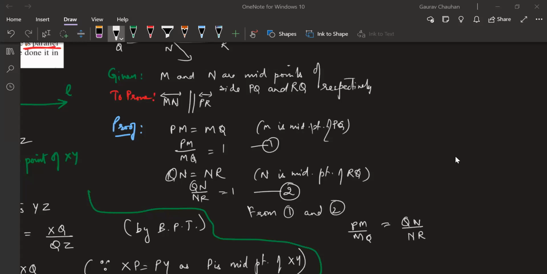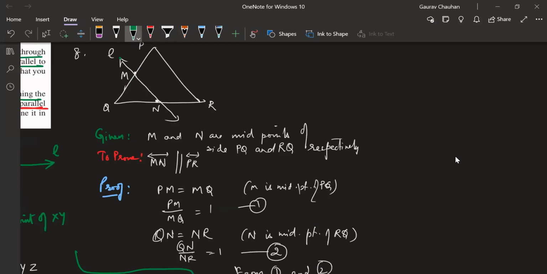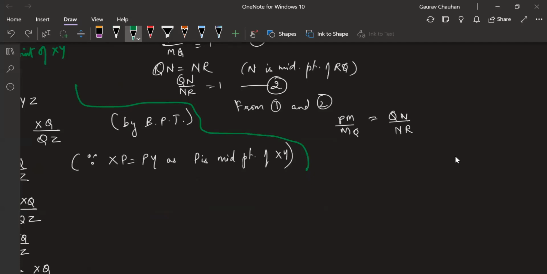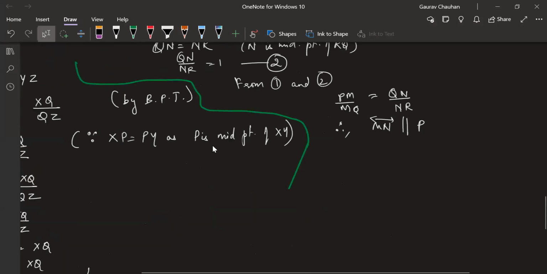Perfect. So you have reached the point where the ratios are equal. The ratio in which this line divides these two sides are equal. So what is our conclusion? By converse of basic proportionality theorem, we can say that MN is parallel to PR.